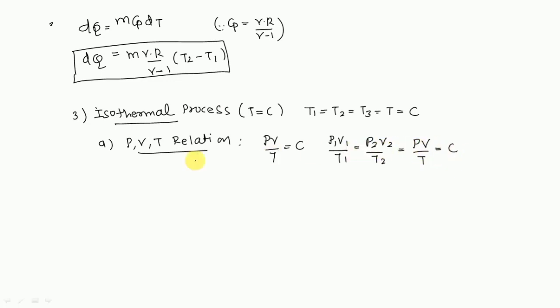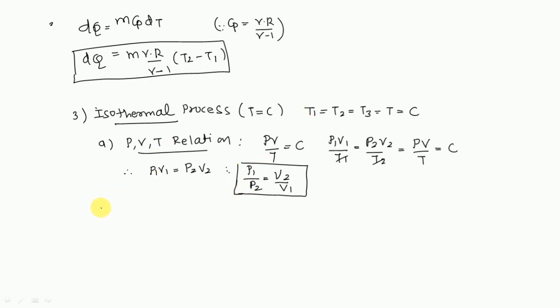But here the temperature is constant, so you can remove it. Then we get P1 V1 is equal to P2 V2. That's why we can write P1 by P2 is equal to V2 by V1. So this is the PVT relation for the isothermal process.